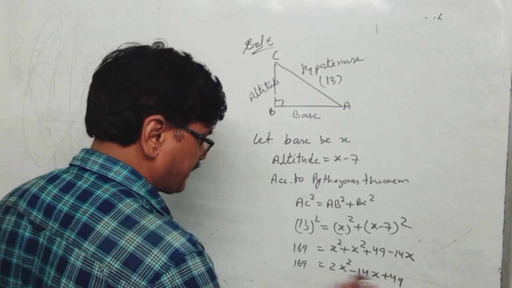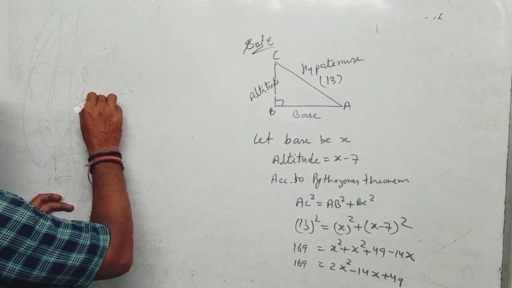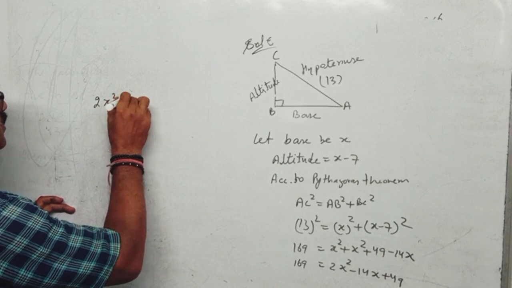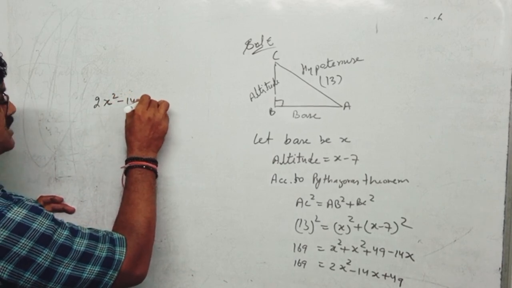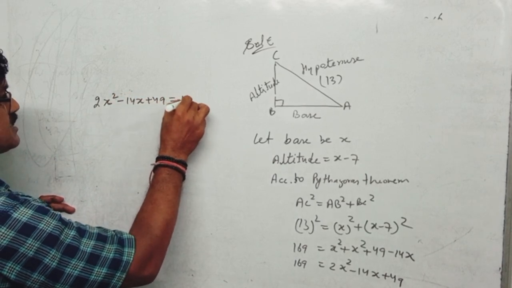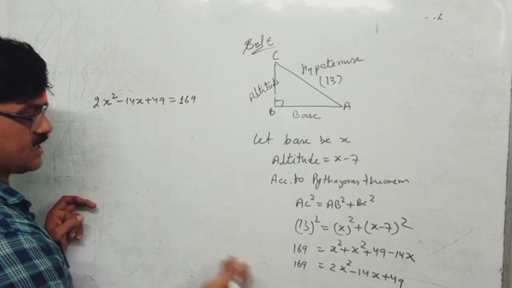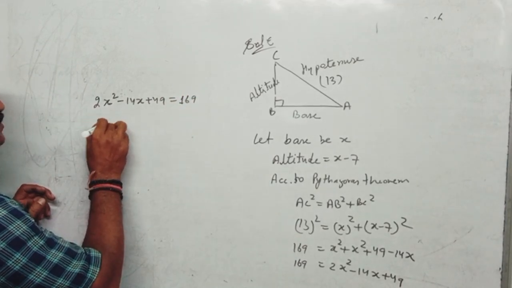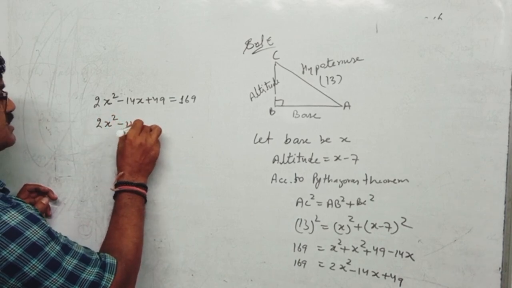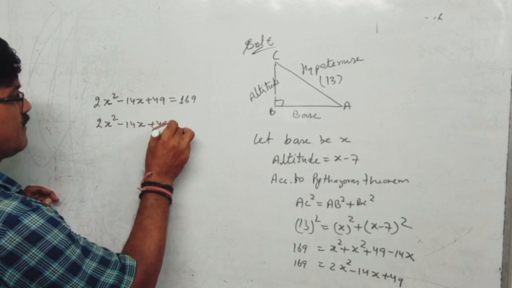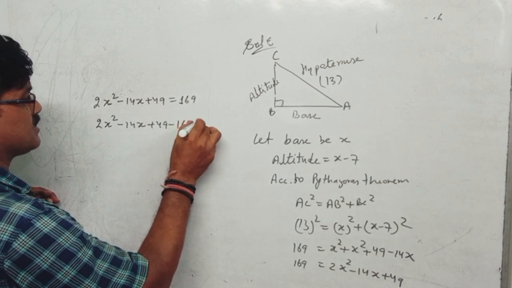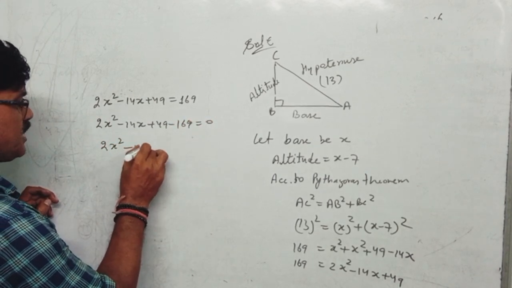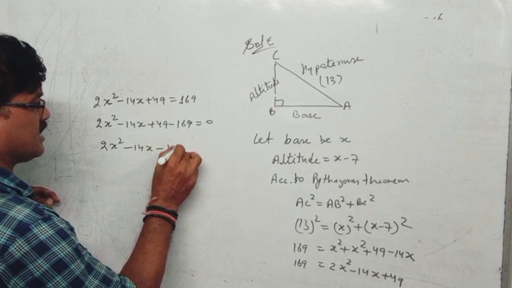I am repeating this here: 2x square minus 14x plus 49 is equal to 169. I have exchanged the sides. Here you will take 2x square minus 14x plus 49 minus 169 is equal to 0, so 2x square minus 14x minus 120 is equal to 0.